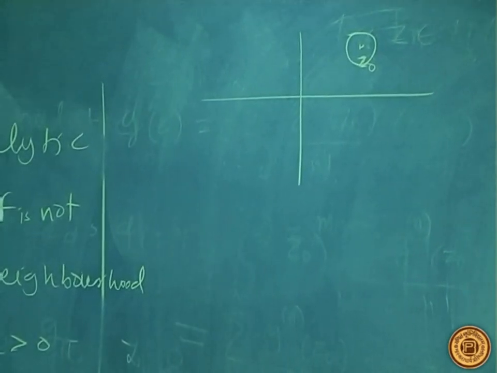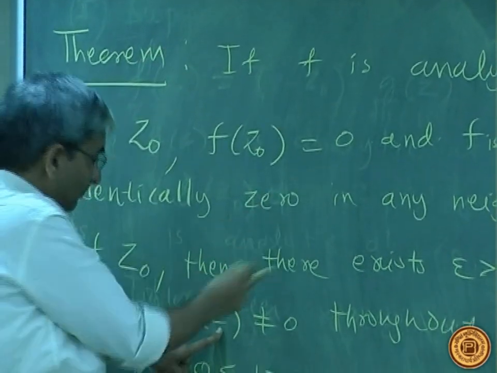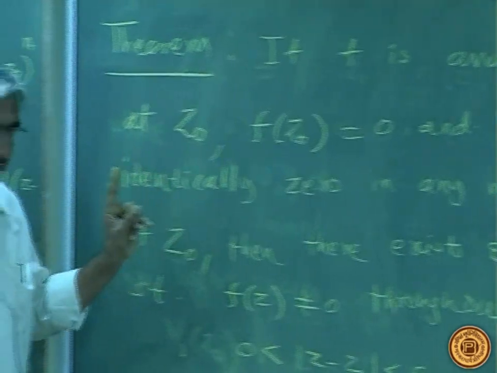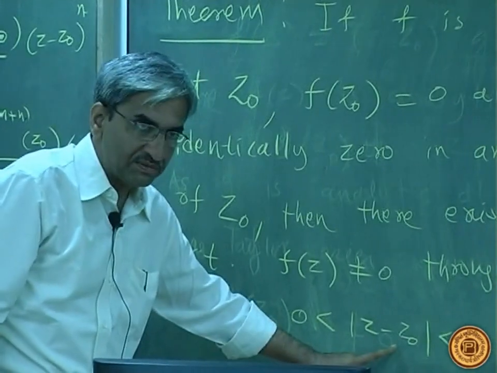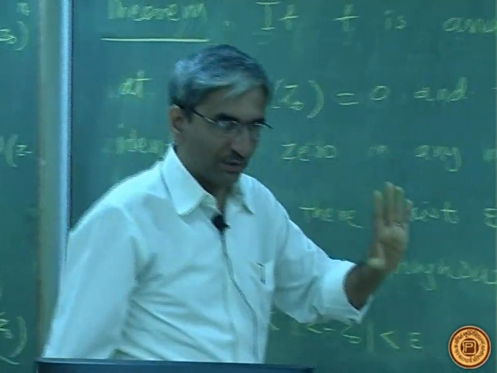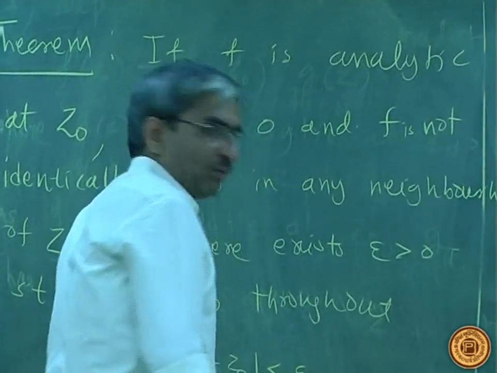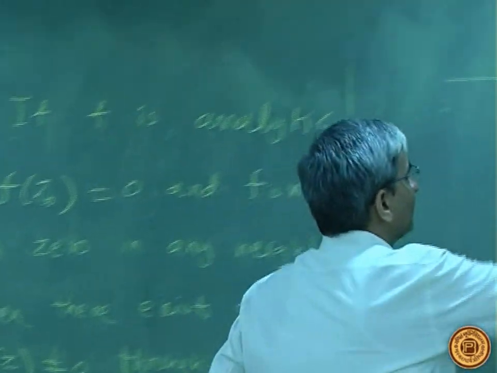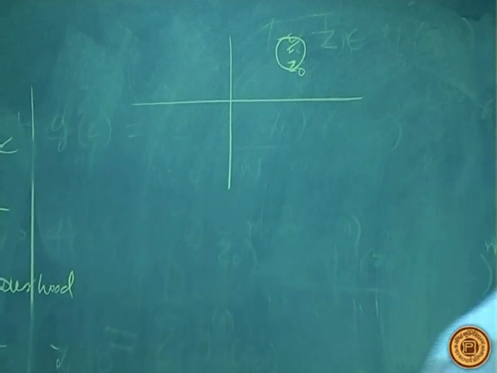That means no other zero of f will come here. Deleted means except z naught. At z naught f is 0, but it is not 0 at any other point, so the other zeros are outside this neighborhood. Such epsilon will always exist. That is what we want to show.